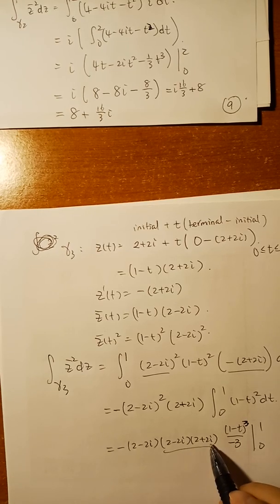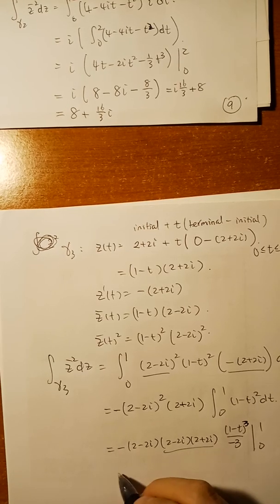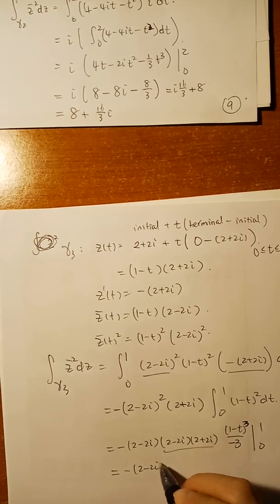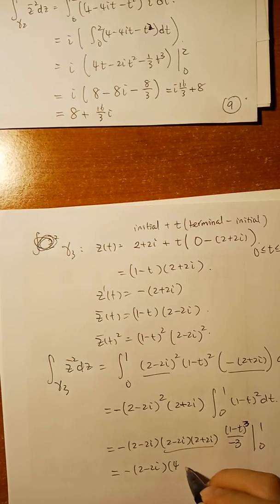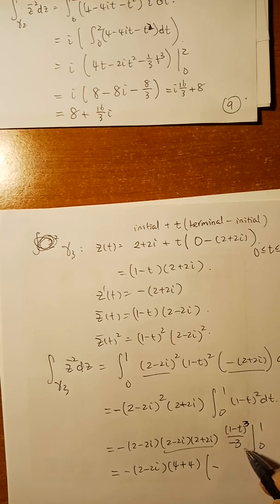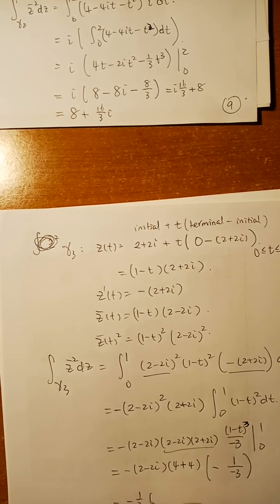This is a plus b, a minus b is a squared minus b squared. So it's negative 2 minus 2i. Then it is 4 plus 4 is 8. Here at t equal to 1 it is 0. At t equal to 0, it's negative 1 over 3. So it's positive. 4 plus 4 is 8.